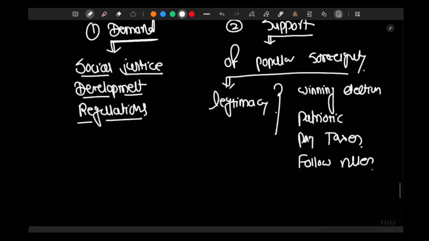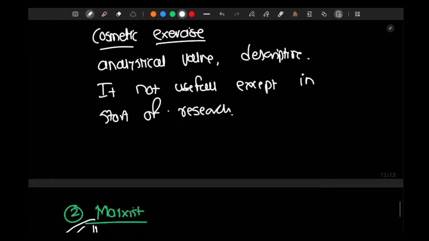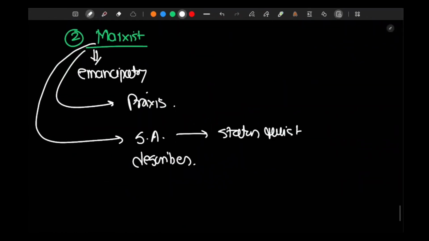As we can see, there is this feedback system. What David Easton is trying to say is that the system will perpetuate, as the system takes account of the feedback of the people. So the system will persist. It will not get destroyed, right? Which Marxists are trying to do.